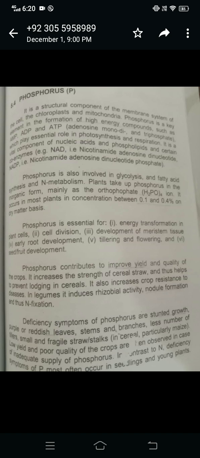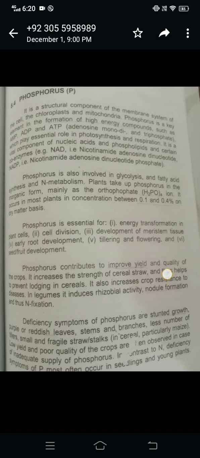Phosphorus is essential for energy formation and transformation in plant cells, cell division, development of tissues, early root development, tillering and flowering, and seed and fruit development. Phosphorus contributes to improved yield and quality of the crop.